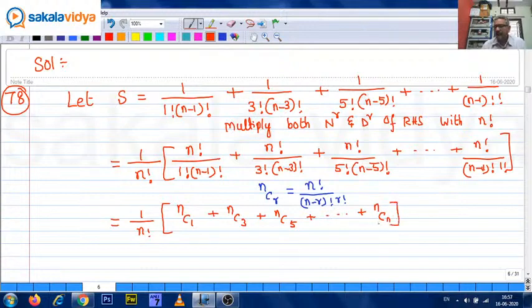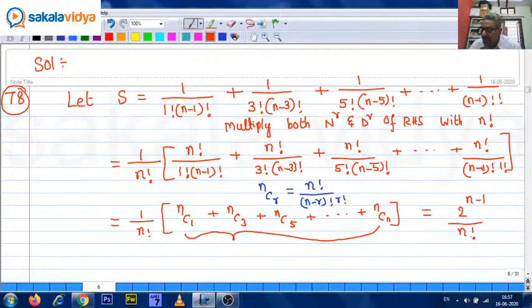This is the sum of the coefficients of the odd powers of x. nC1 plus nC3 plus nC5 and so on equals 2 power n minus 1. So this is 2 power n minus 1 upon n factorial. This is the answer.